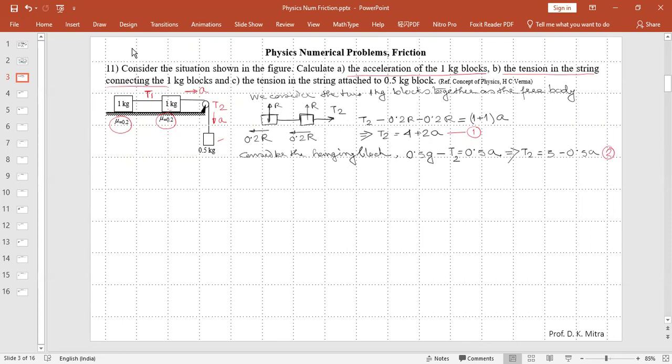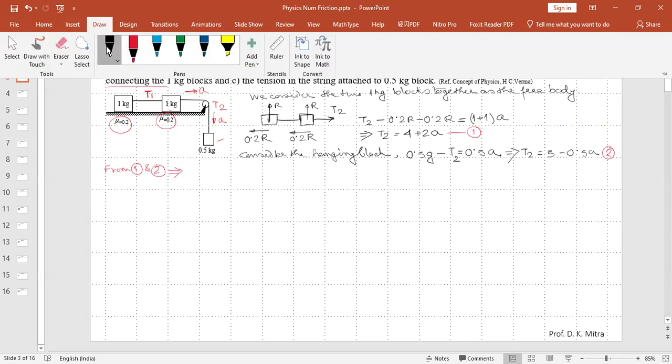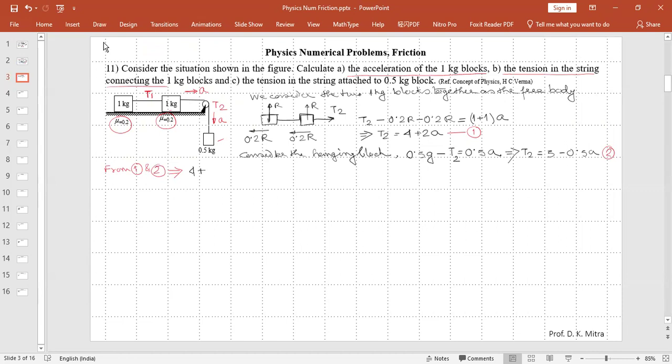So from equation 2 and from equation 1, 1 and 2, what do you get? From 1 and 2, we get T2, 4 plus 2A equal to 5 minus 0.5A.